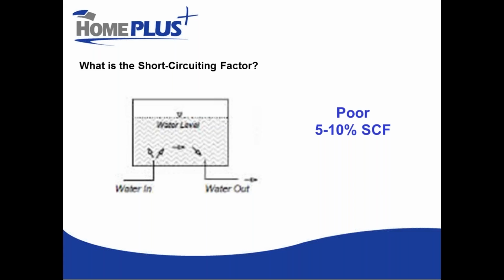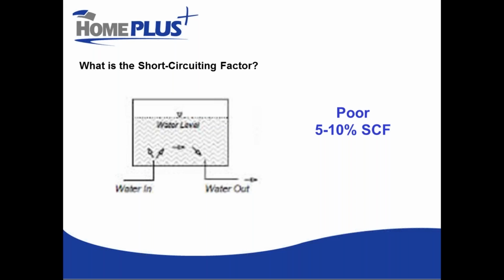So even though that reservoir, say, may hold 1,000 gallons, we will only get credit for it in our CT calculation of probably somewhere between 5 and 10% of that value because water is shortcutting. So the short-circuiting factor is trying to take into account the fact that not all water is going to have a long exposure time in that particular reservoir.